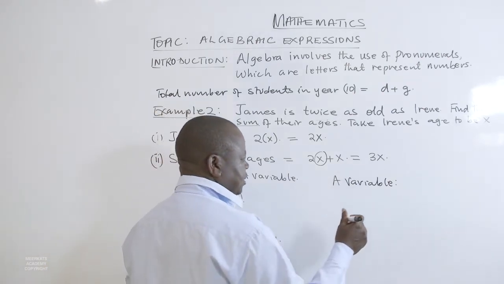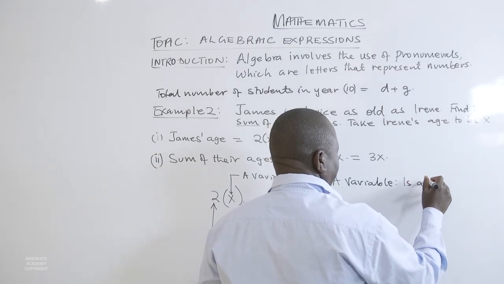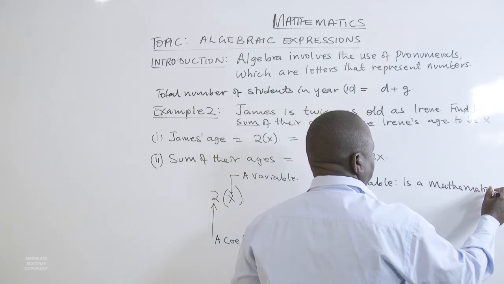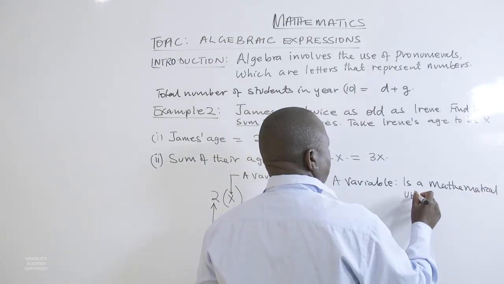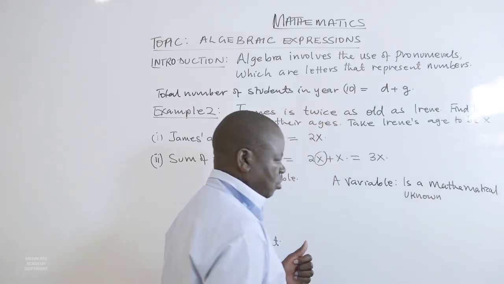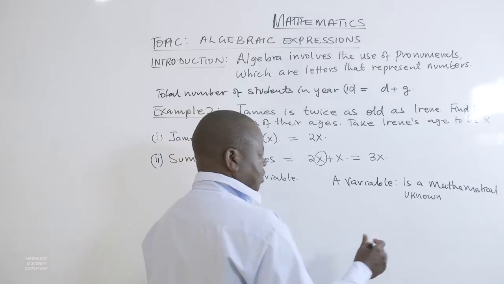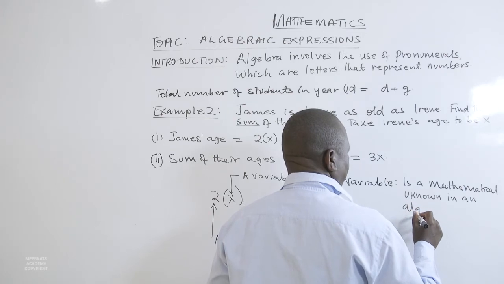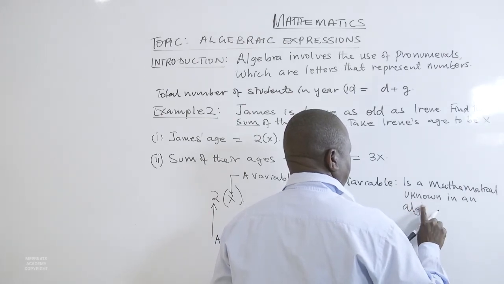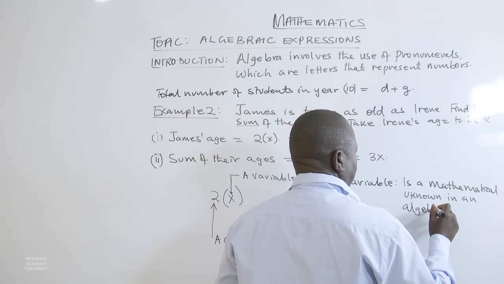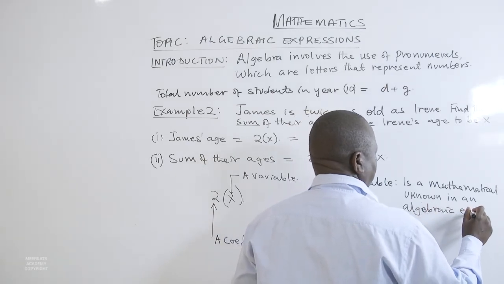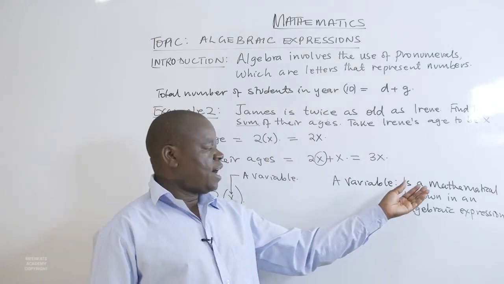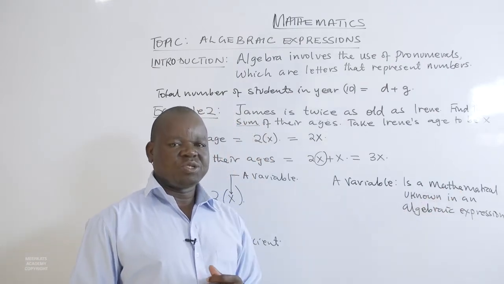So a variable is a mathematical unknown in an algebraic expression.